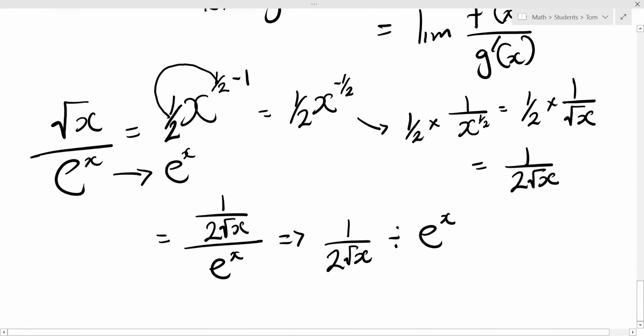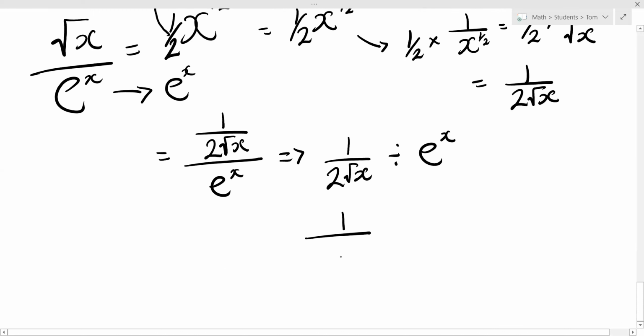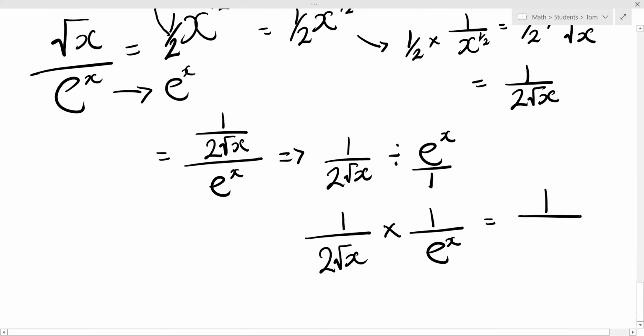We can change this to multiplication: 1 over 2 root x times 1 over e to the power of x. When you have a division, you change it to multiplication by turning it upside down, because e to the power of x is the same thing as e to the power of x over 1. So overall, we have 1 over 2 root x e to the power of x.